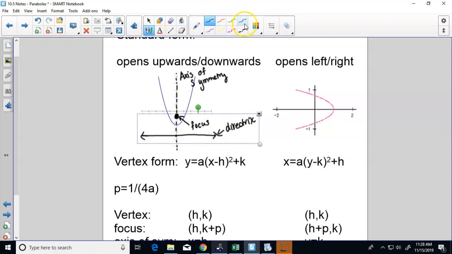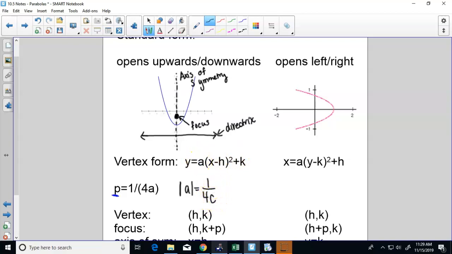Whenever we look at this, we have this value that you see right here, P, and it's 1 over 4A. See, where'd my formula sheets go? Here they are. It's on your formula sheet. I might should just change it here too. It says absolute value of A equals 1 over 4C for the formula sheet.